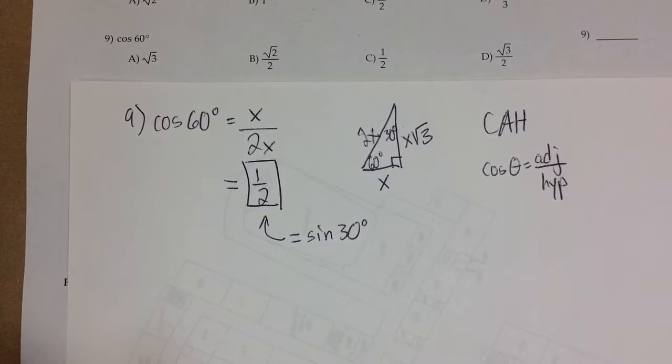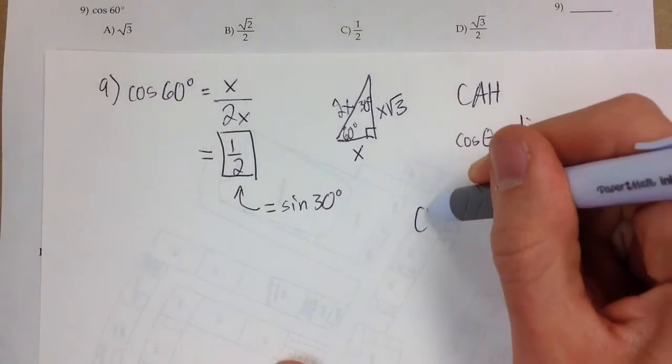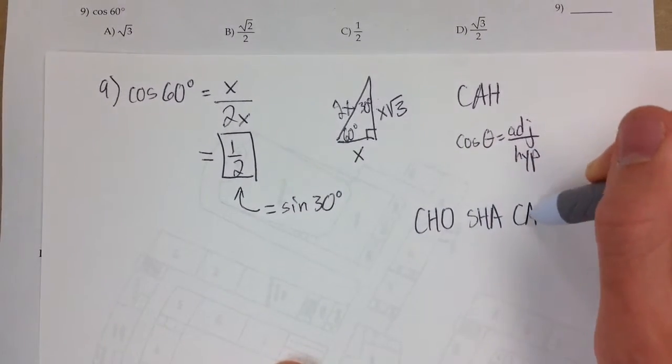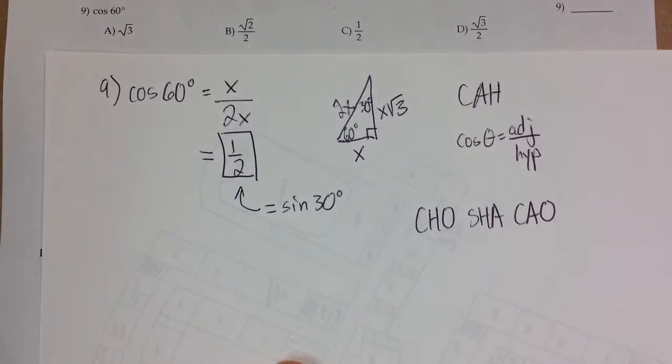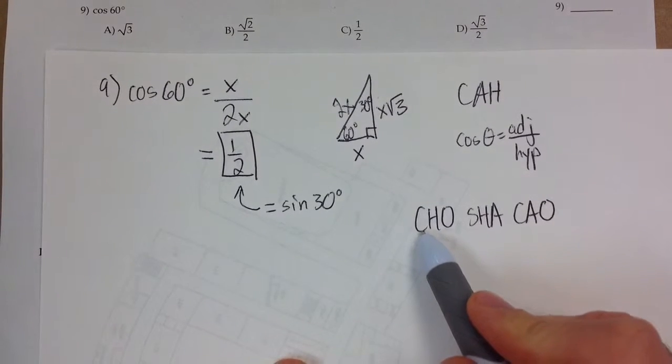complement. Nakia, what was the thing you said yesterday? Shakao. How do you spell that? Cho, sha, cow. They're for different things. This is for sine, cosine, tangent.